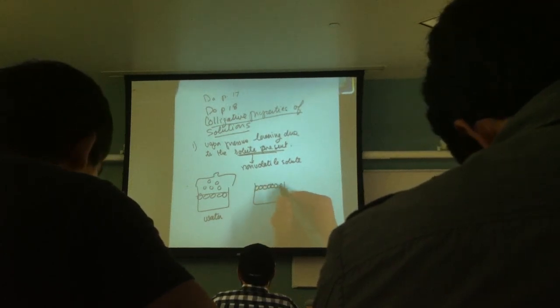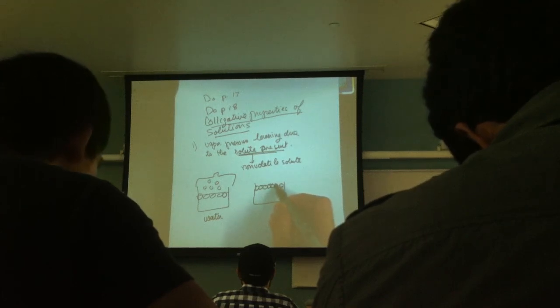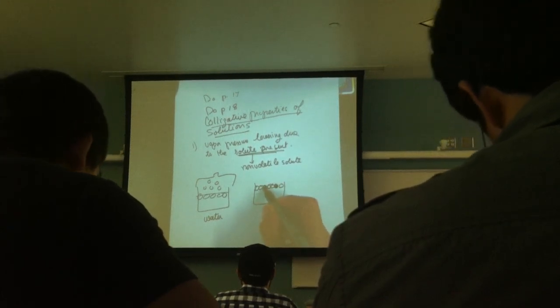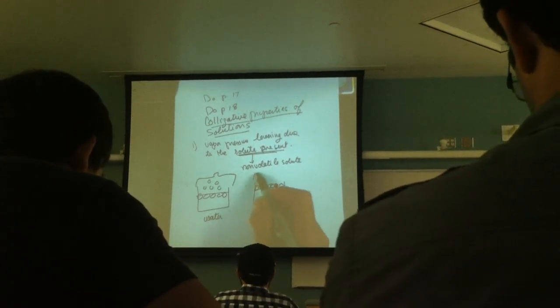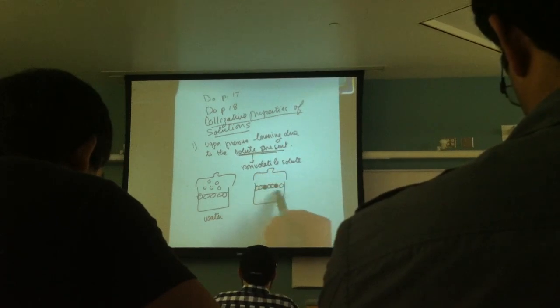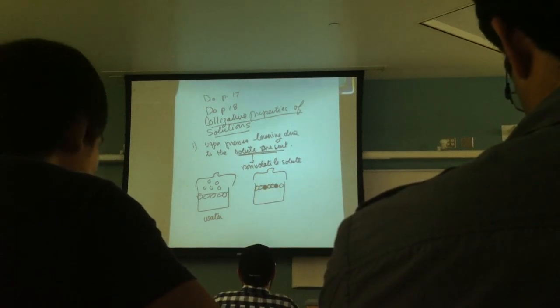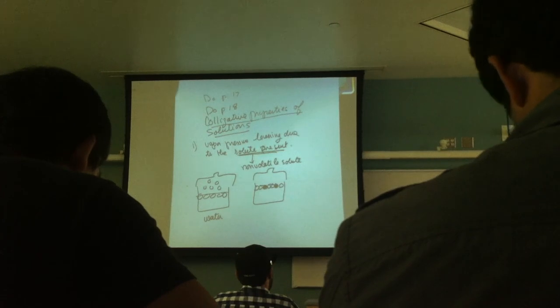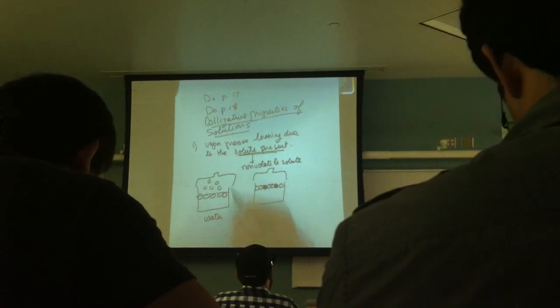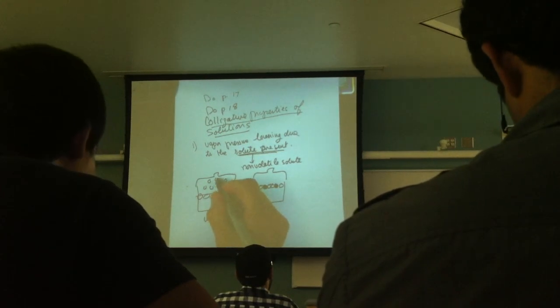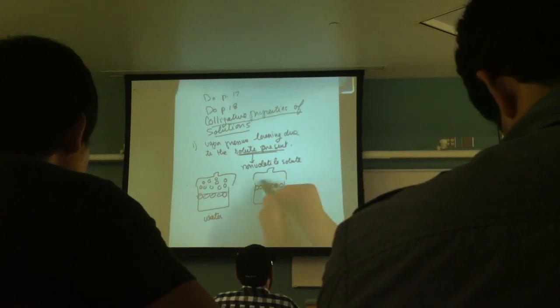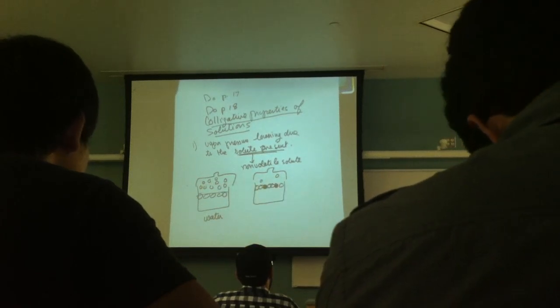I am dissolving sugar. So some of those particles are what? Sugar. Will the water have the same chance to evaporate? Yes or no? No. So instead of having all those water molecules in the vapor, I only have less.